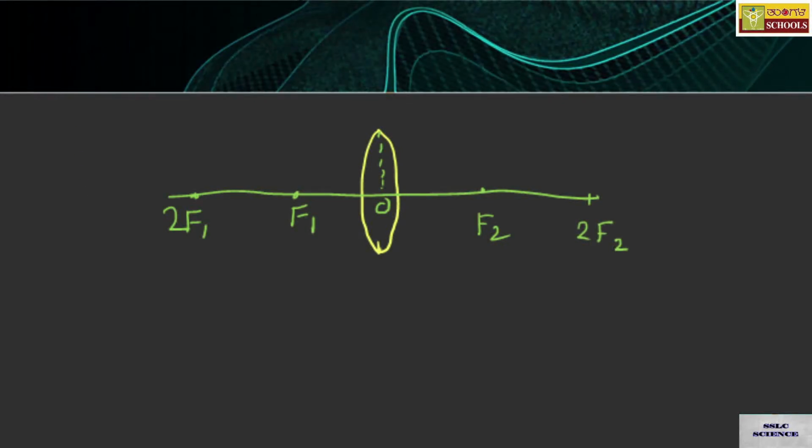What you are doing is placing the object between 2F1 and F1 like this. This is your object AB.